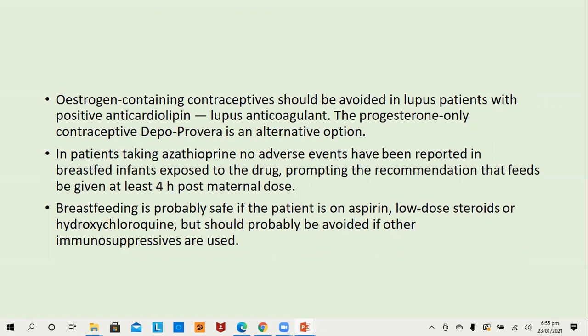Breastfeeding is probably safe if the patient is on aspirin and low-dose steroid or hydroxychloroquine, but should probably be avoided if other immunosuppressives are used. So as mentioned before, steroids, azathioprine, and hydroxychloroquine can safely be given to mothers who are breastfeeding.